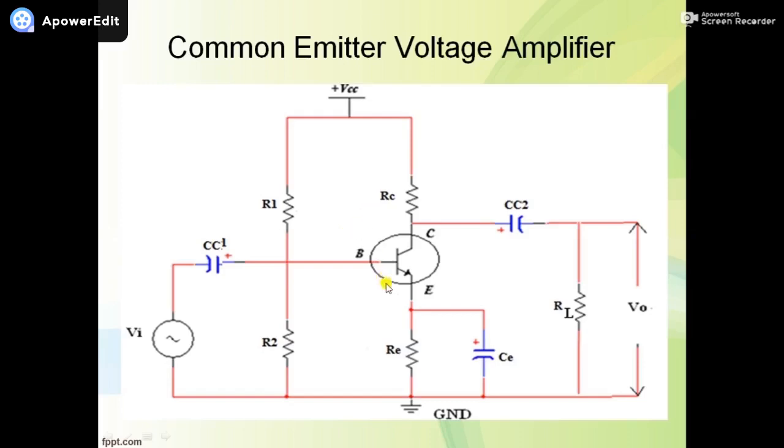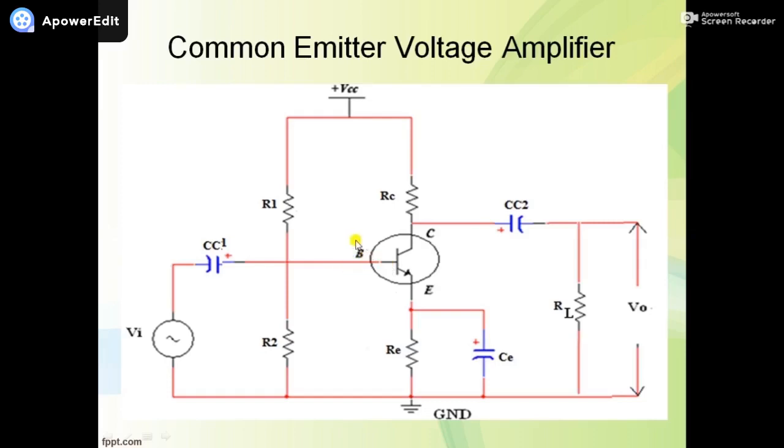When the emitter-base junction becomes forward biased, the base current flowing into the base terminal increases.